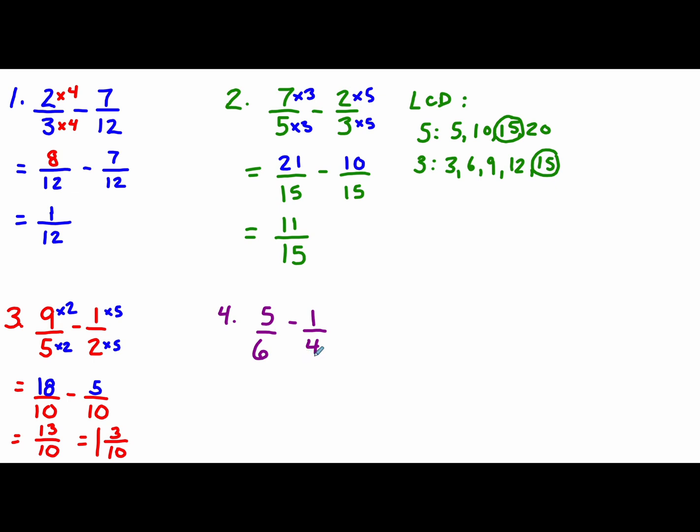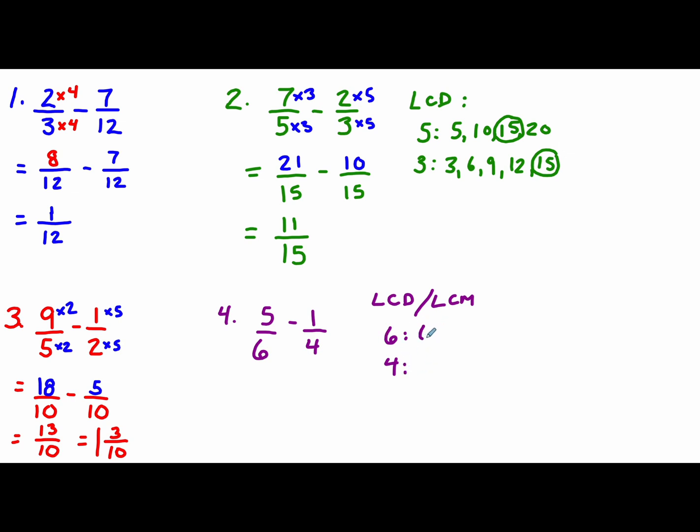Now, we could multiply 4 by 6 and find a common denominator, but it won't be the lowest common denominator. What we'll do instead is find our lowest common denominator or lowest common multiple, so LCD or LCM, and we'll list some of our multiples of 6 and some of our multiples of 4 by counting by 6 and counting by 4.